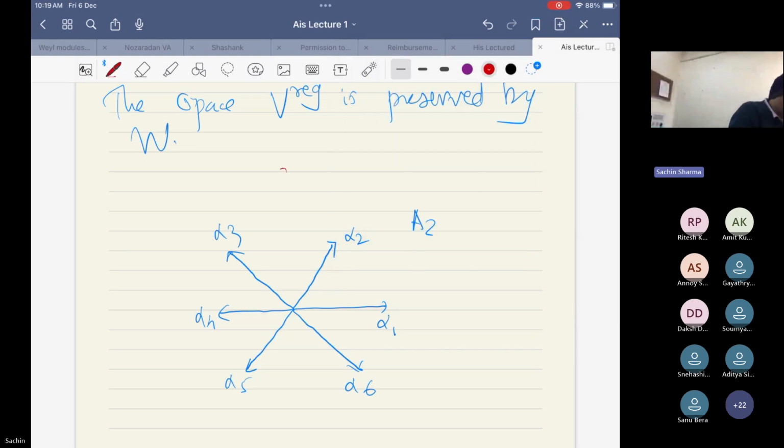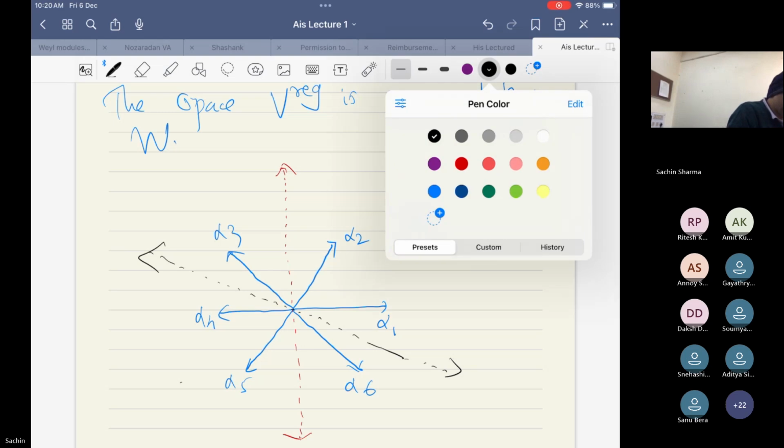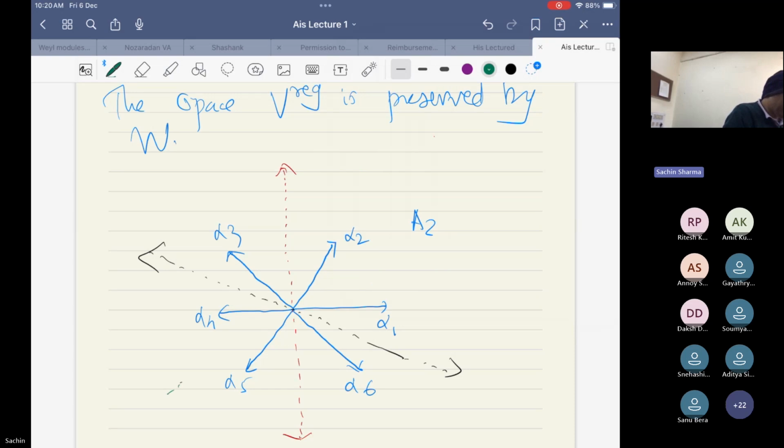This is the hyperplane perpendicular to alpha 1, this is perpendicular to alpha 2, and we are remaining with one more. So these are the hyperplanes.